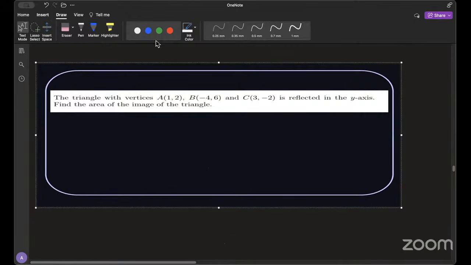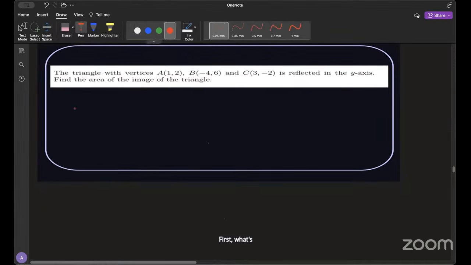Okay, let's check. First, what's the formula for the area of a triangle? You have to find the area of a triangle that has vertices (x1, y1), (x2, y2), and (x3, y3).